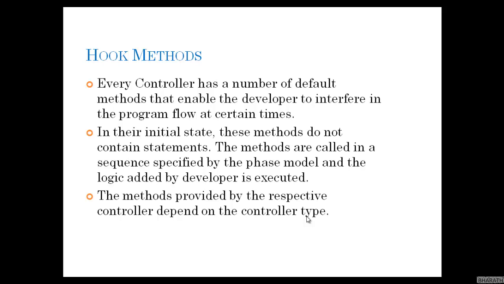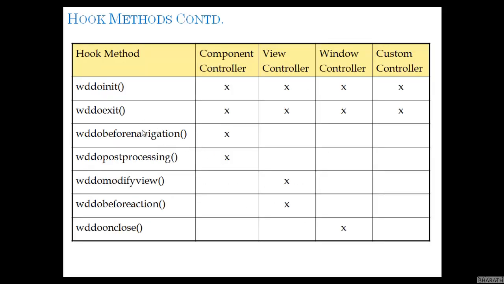The hook methods are only created in four of them: component controller, view controller, window controller, and custom controller. The custom controller needs to be created manually, but when it has been created, only two hook methods get created as default. Now in the next slide we see these hook methods.